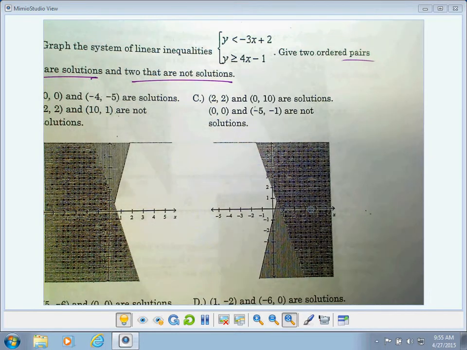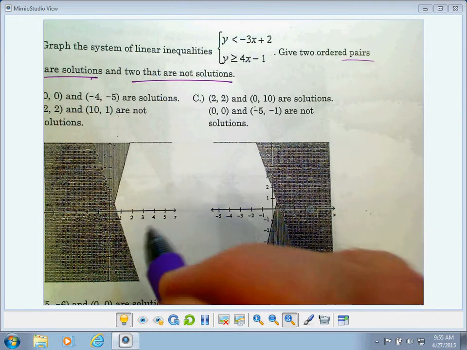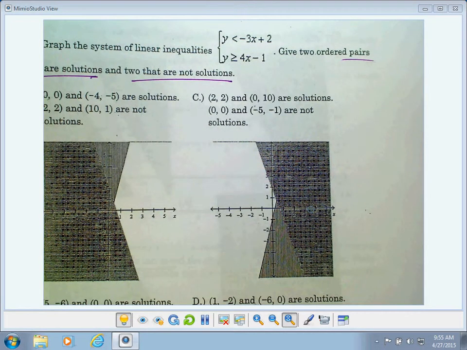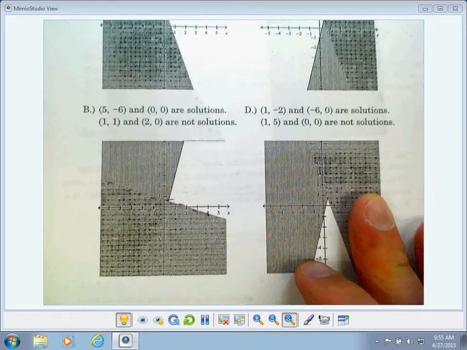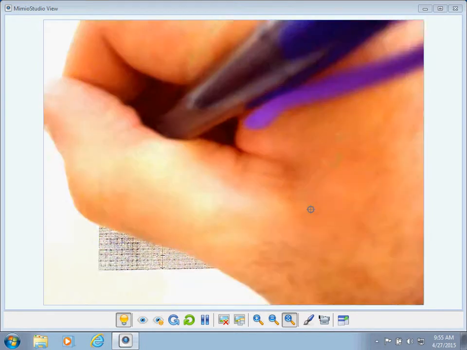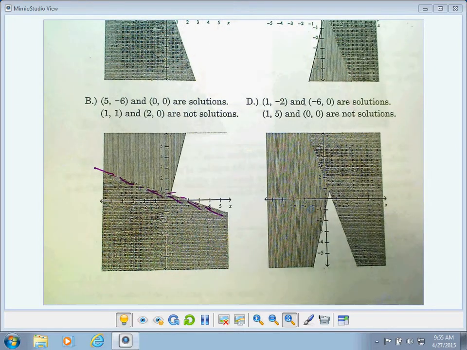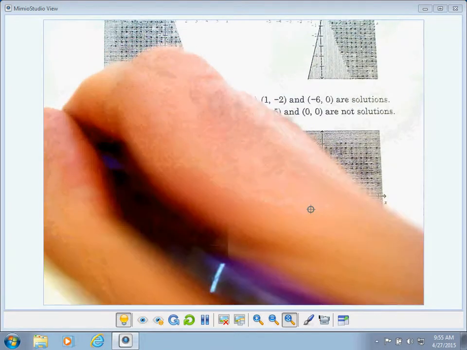So I'm looking at the dashed line and looking for any that are +2. Okay, so here, look at the dashed line, right? Here's the dashed line. Sorry, I gotta bring it up for you to see it. This is the dashed line right here, and it's definitely not at +2, so this one is eliminated.